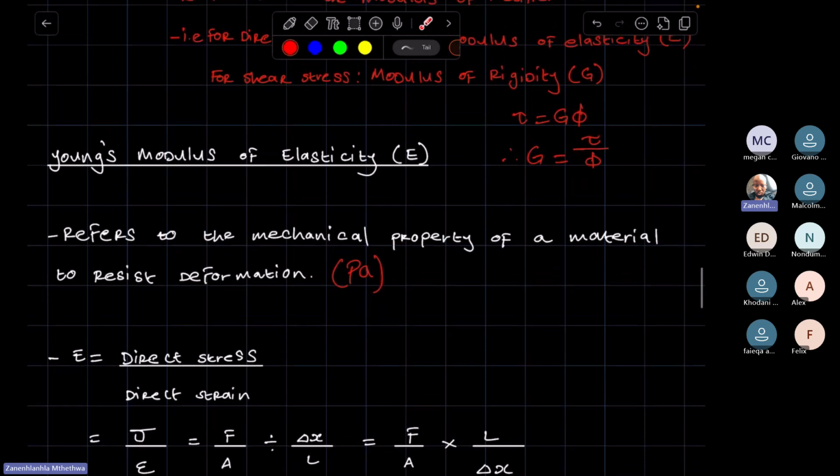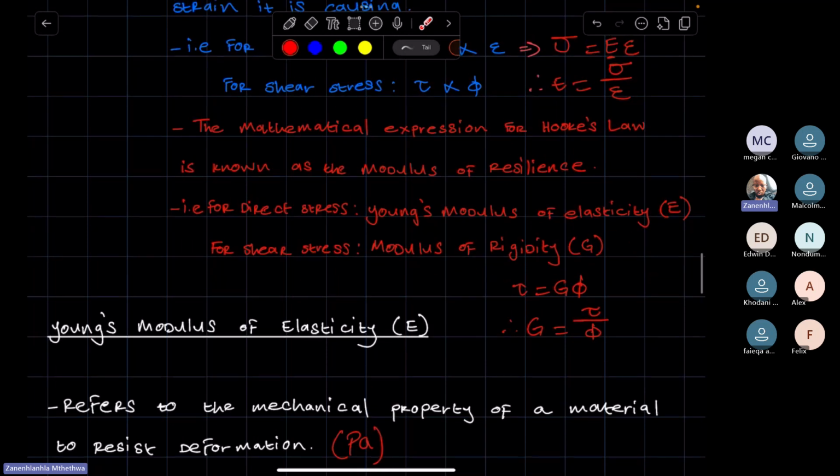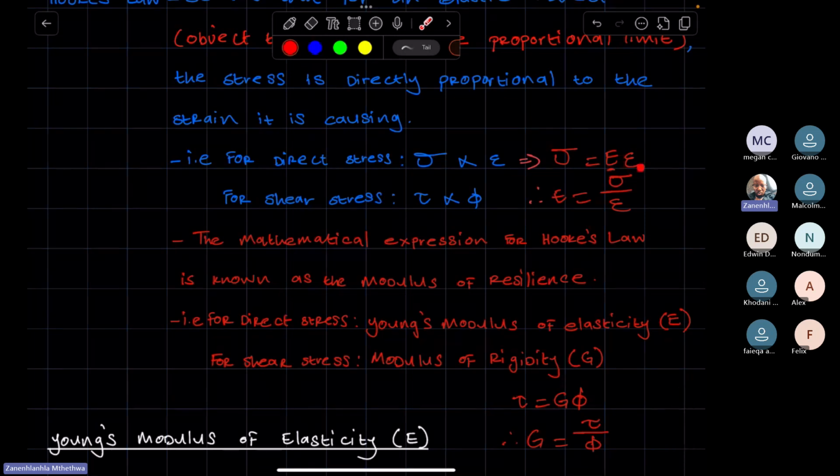Now, from this formula, stress is equal to E times epsilon. Epsilon is the direct strain. This symbol is known as epsilon, so don't be confused there. When I refer to epsilon, I'm referring to this symbol.